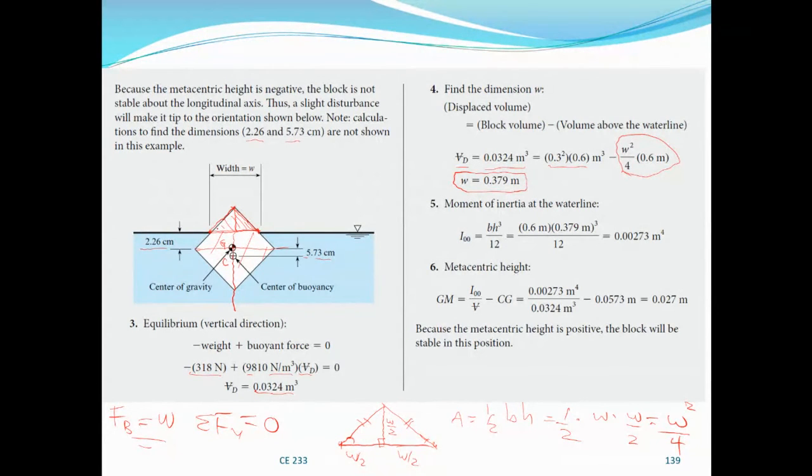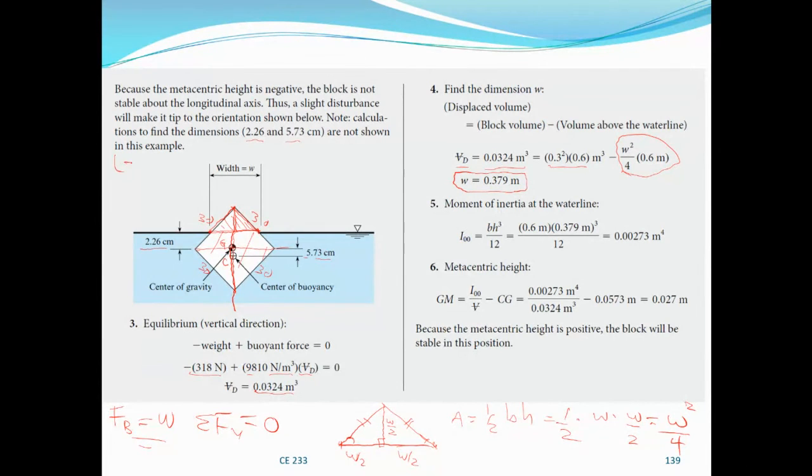Remember the side of the block is 30 centimeter. This is 30, 30, 30, 30. So what will be this length? It is the hypotenuse, the vertical line.